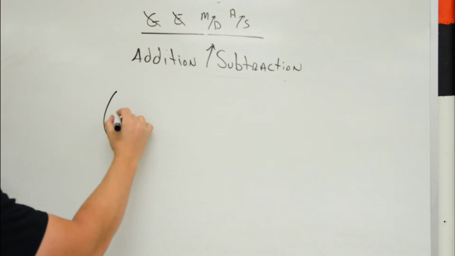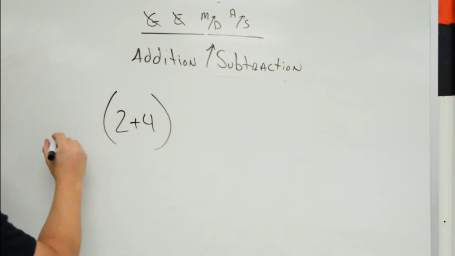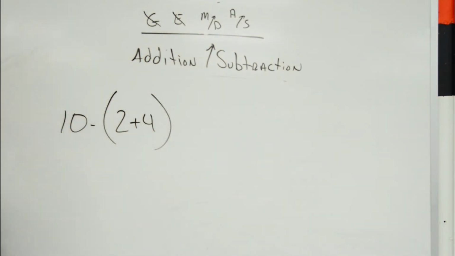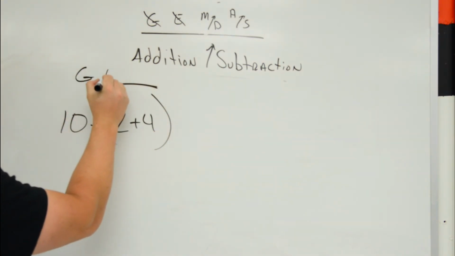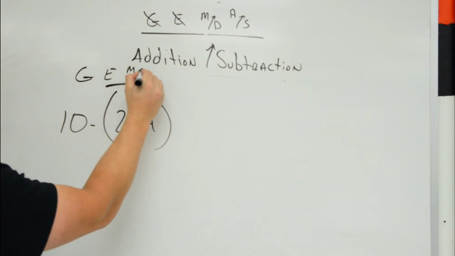Okay, so now, what about this? We have 10 minus, and then we've got a grouping symbol, our parentheses, 2 plus 4. So the first thing we do, because we have a grouping sign, remember, GEMDAS.